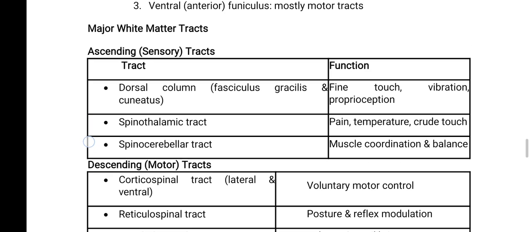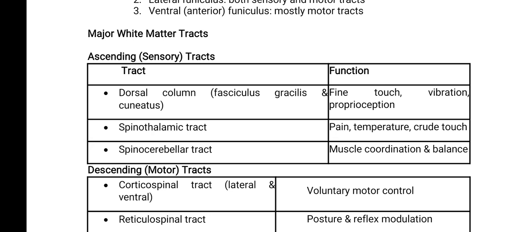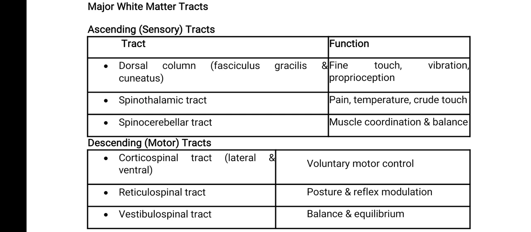So these are the major white matter tracts that you need to know. The dorsal column, made up of fasciculus gracilis and cuneatus. The spinothalamic tract, involved with pain, temperature, and crude touch. The spinocerebellar tract, involved with muscle coordination and balance. Those are for ascending, so we can use the mnemonic DSS: dorsal column, spinothalamic tract, spinocerebellar tract.